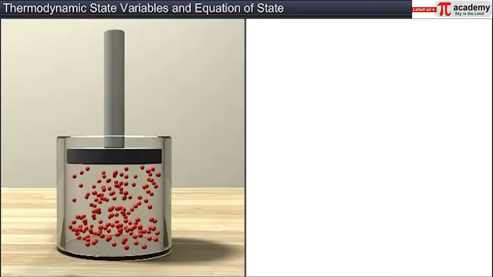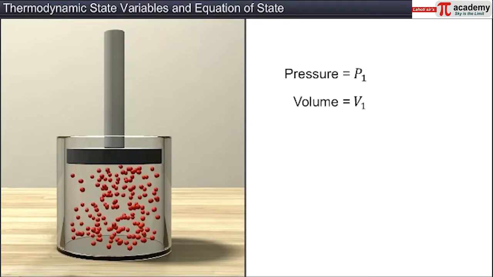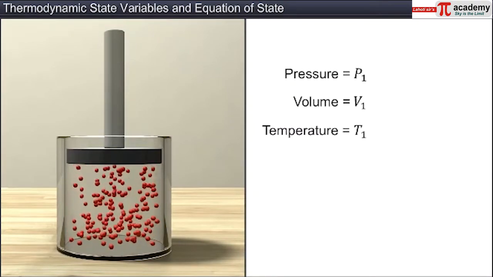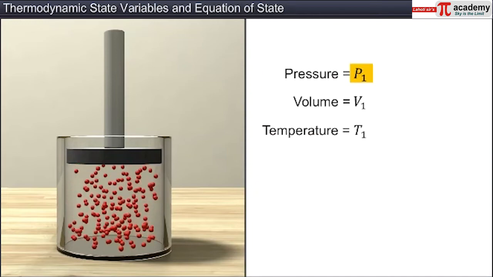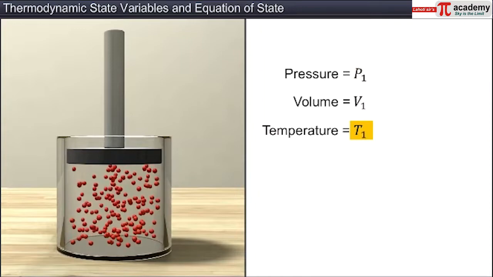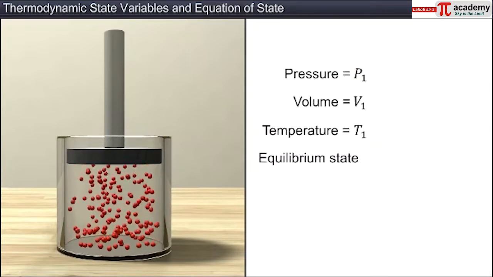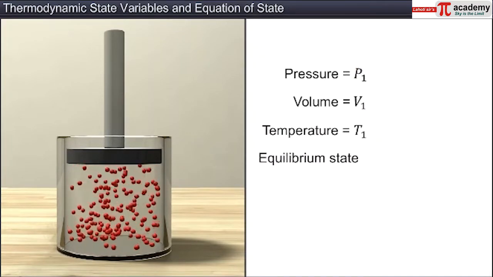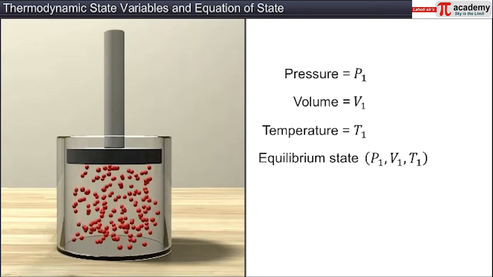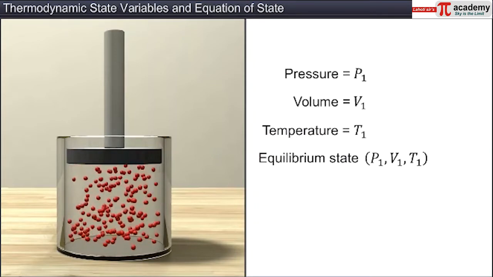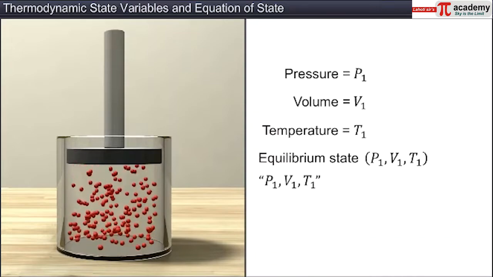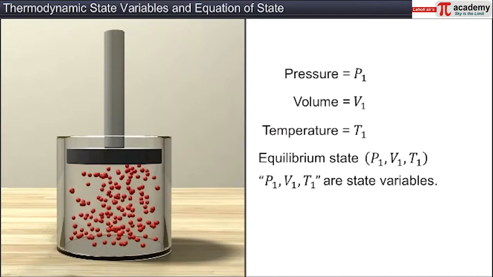For example, if the pressure, volume and temperature of a given quantity of gas in a container is denoted by P1, V1 and T1, then its equilibrium state can be identified by P1, V1, T1, and P1, V1 and T1 are the state variables of this system.